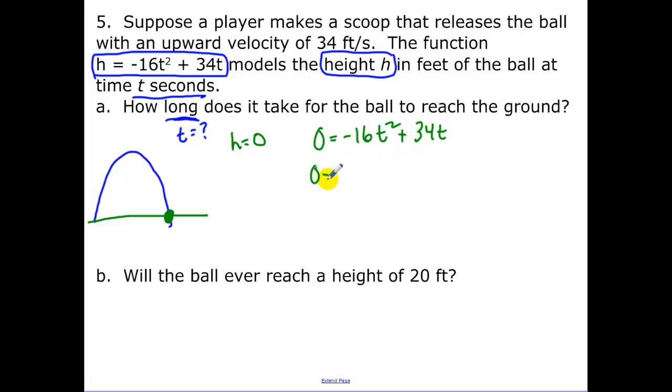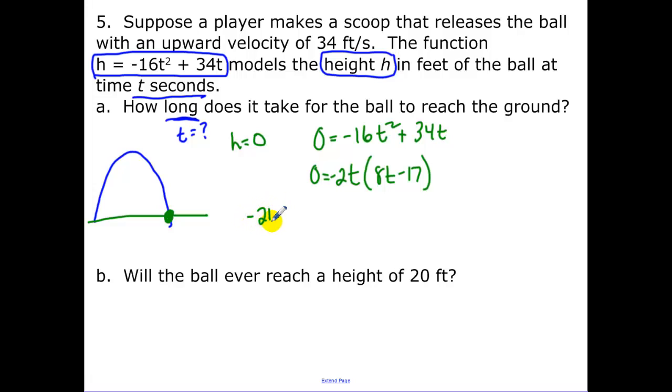Now, try and factor. Since I have t in both terms, I know I can factor out a t. I want to make the coefficient on the t squared term positive. The largest number that goes into 16 and 34, unfortunately, is 2. So I factor out a negative 2t, and I'm left with 8t minus 17.